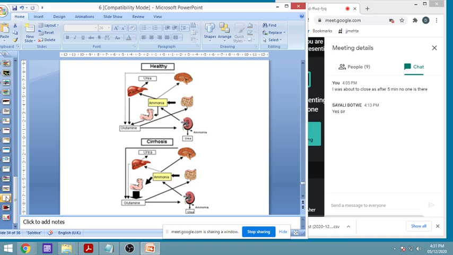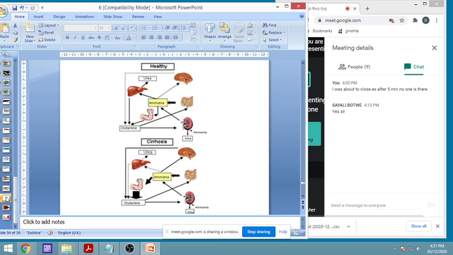So in healthy people, what happens? See how this metabolism takes place. In the liver, whatever nitrogen metabolic products are there are converted by the liver into urea. Ammonia also goes into the body at various places.